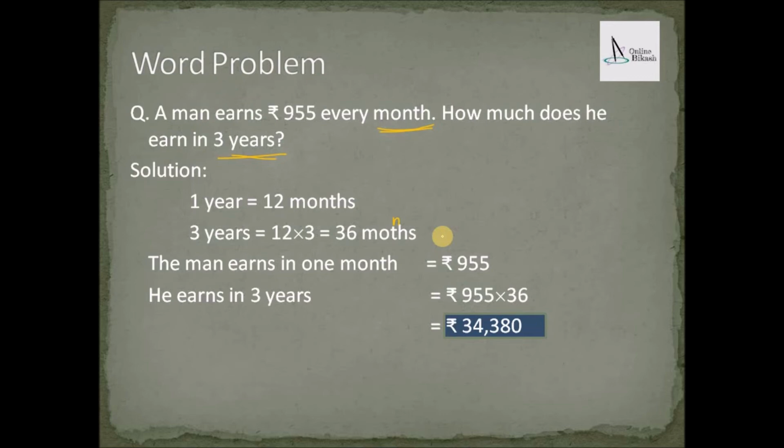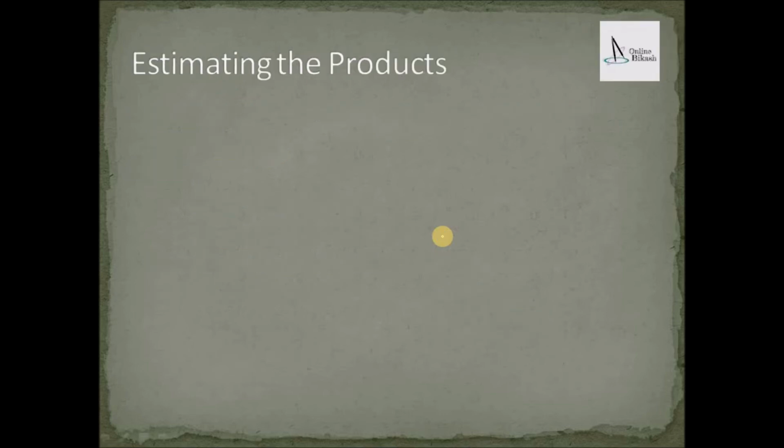Now the second topic that we are going to discuss is estimating the products. What is estimating? Estimating means approximation. In your school probably you have learned what is approximation, what is rounding off.